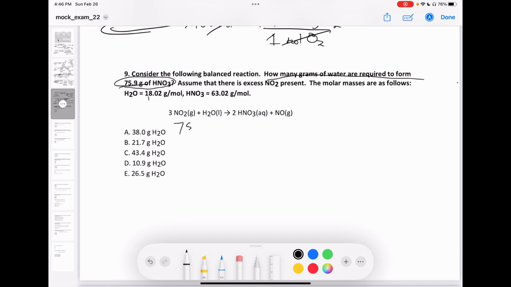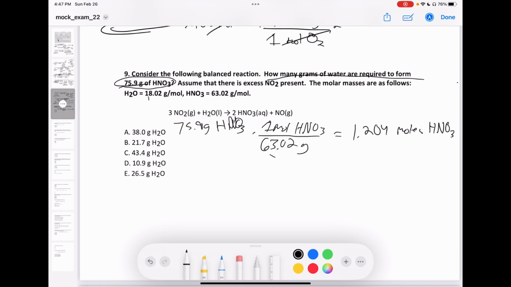So 75.9 grams of nitric acid, and when converting to moles, we divide by molar mass: 1 mole of nitric acid is 63.02 grams. 75.9 divided by 63.02 is 1.204 moles of nitric acid.